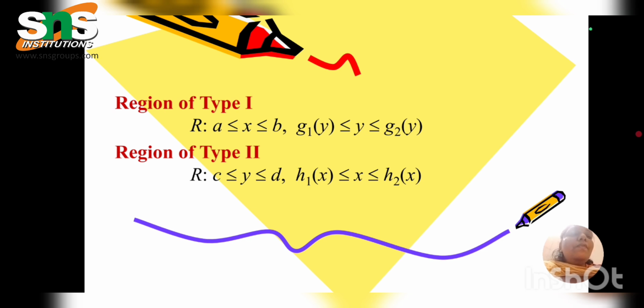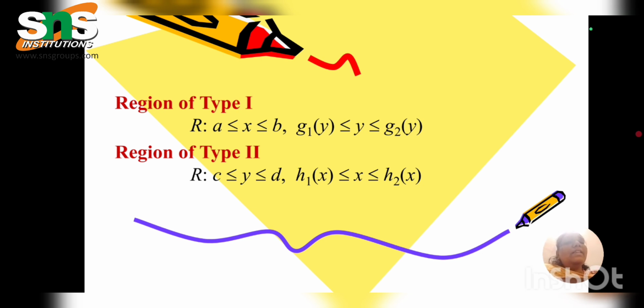Then the region of type 2 is c less than or equal to y less than or equal to d, which represents that y is bounded by c and d, the lower bound is c and the upper bound is d. Then x varies from h1 of y to h2 of y, which are the lower limit and the upper limit.